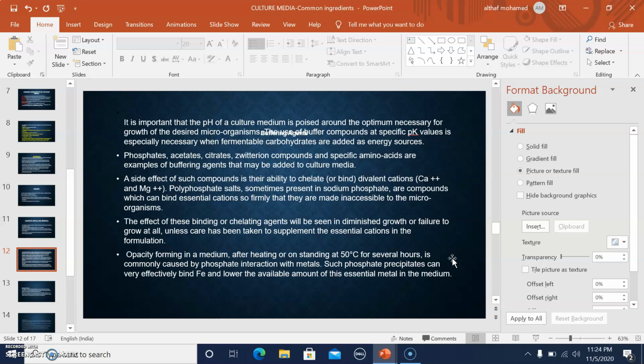There are certain buffer compounds at specific pH values, especially necessary when fermentable carbohydrates are added as energy sources. Next important ingredient is phosphates. Acetate, citrate, and compound-specific amino acid phosphates are examples of buffering agents that may also be added to the culture media.